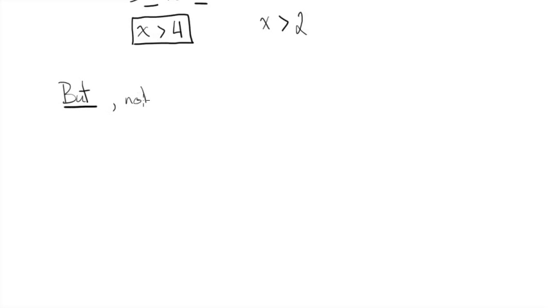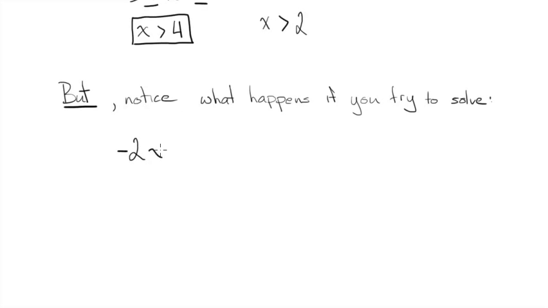So notice what happens if you try to solve almost the exact same one we just had: negative 2x is bigger than 10.